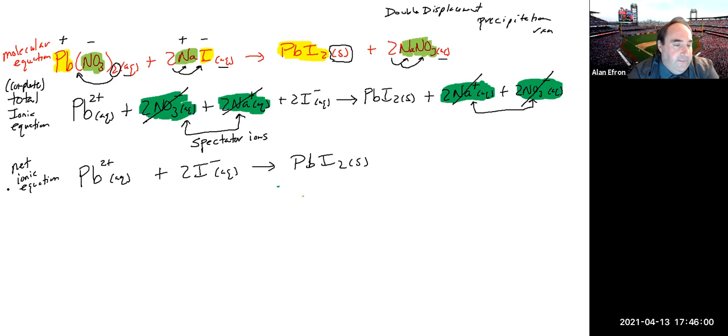Although we're dumping in some lead(II) nitrate and some sodium iodide, what is really happening is the lead ions are coming together with the iodide ions, and they're making this solid. The solid is like that yellow solid I think we saw last time. The net ionic equation really is the equation that shows the underlying overall reaction that is taking place.